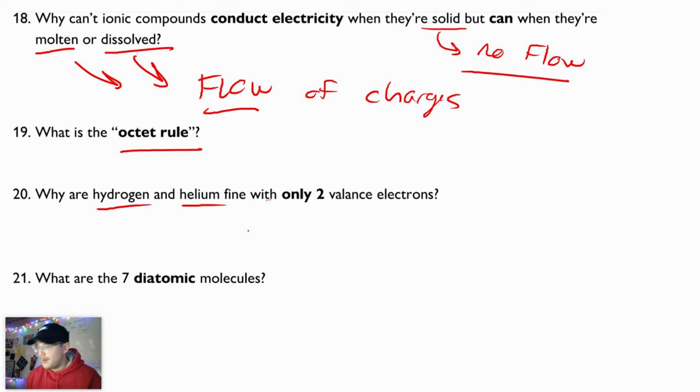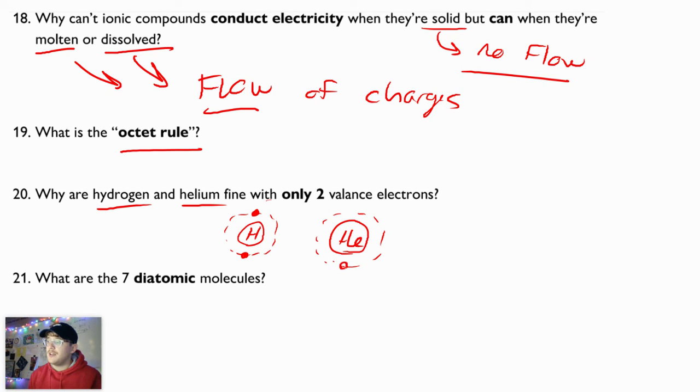So if you remember, if you're drawing the Bohr model, that's the nucleus, the first ring can only hold how many? 2, okay? So technically, hydrogen does have a full shell with only 2 valence electrons. Same thing with helium. They're content with 2 because that first shell can only hold 2. Every shell after that we talk about will have 8. So they're fine with 2 because their full shell is only 2.